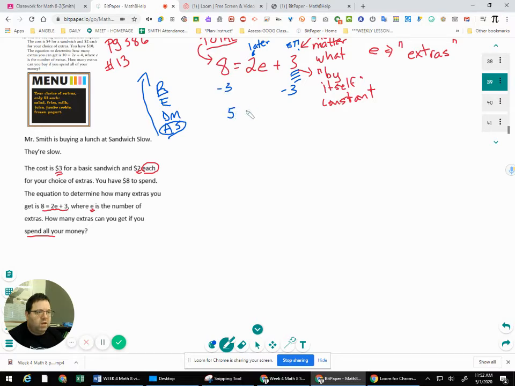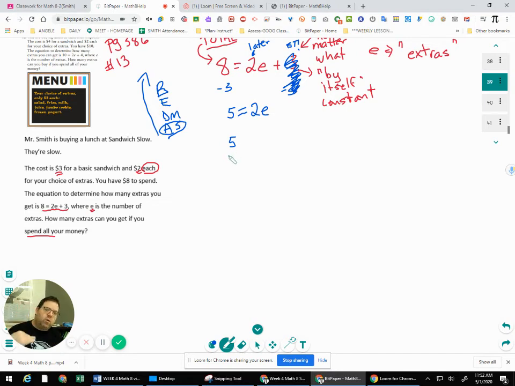So we're left with 5 on this side, and we zero this out. The 3 is zeroed out over here. That 3 is gone. I'm just trying to make my equal sign a little bit better. And what we're left with is 5 equal to 2e. So it's 2 multiplied to e, and again, we're always doing the opposite. We're always unpacking this.